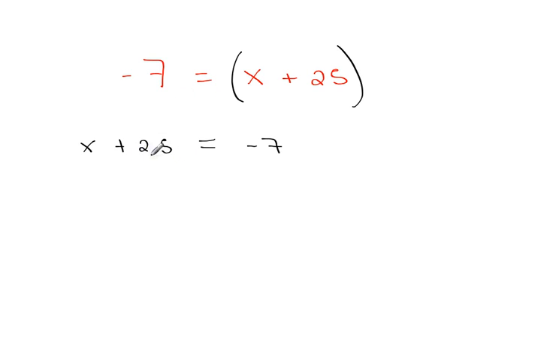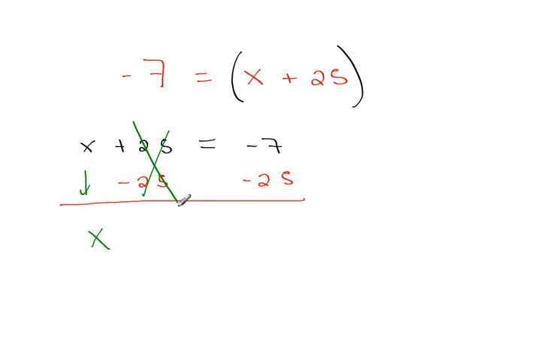So my variables on the left have x plus 25 equals negative 7. I want to isolate the x. How do I isolate this x? What must I do? Yep. Subtract 25. Yeah, I want to get rid of this positive 25. We're adding 25 by its opposite, which is subtracting 25. Bring down my x. Positive 25 and a negative 25 goes to 0.